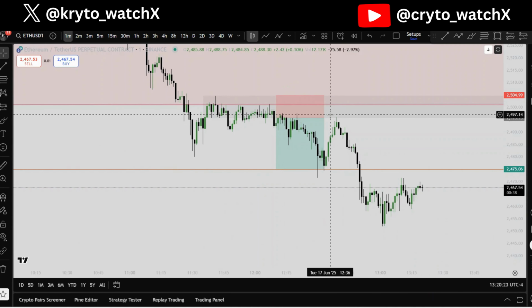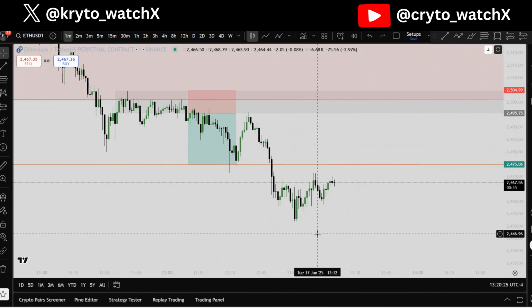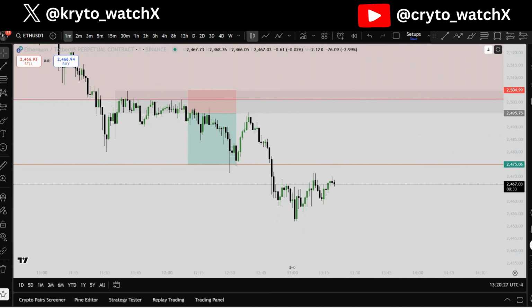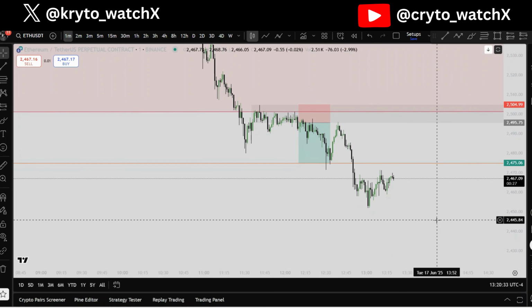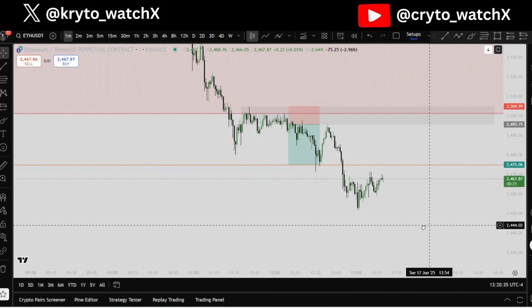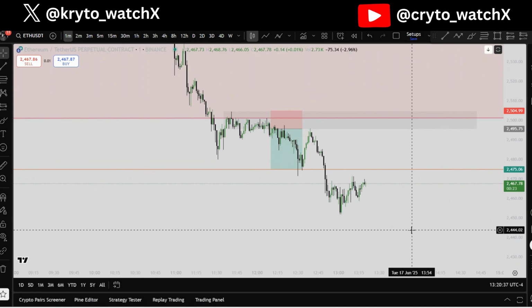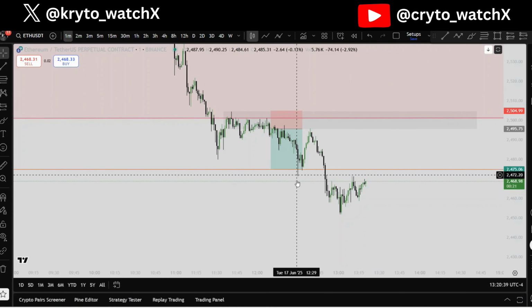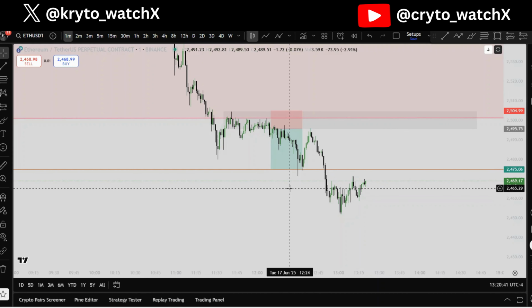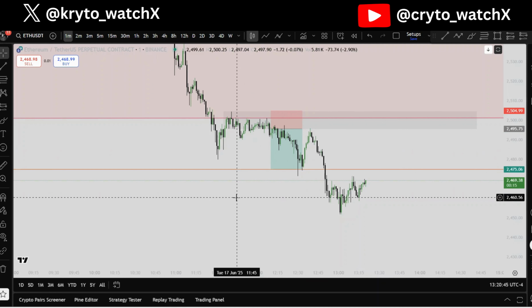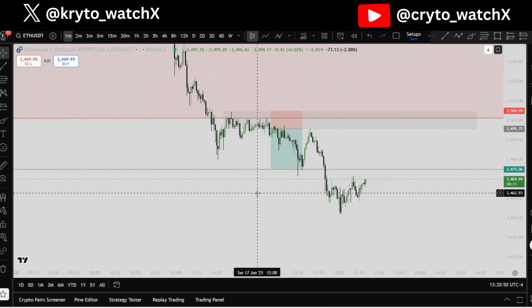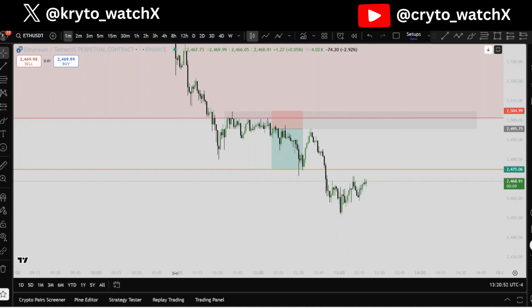It also depends on the market bias, whether the market is bullish or bearish. If the market is bullish, we should definitely be targeting the 4-hour bullish fair value gaps. If the market is bearish, I'd go with the 4-hour bearish fair value gaps. So this is a good example for scalping. We can also use it for swing trading and day trading. It all depends on the market structure.